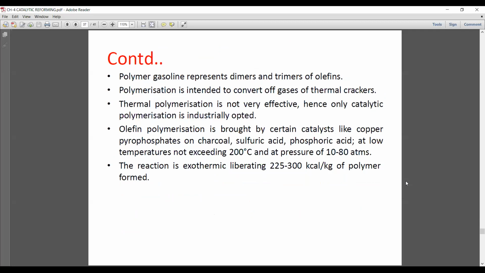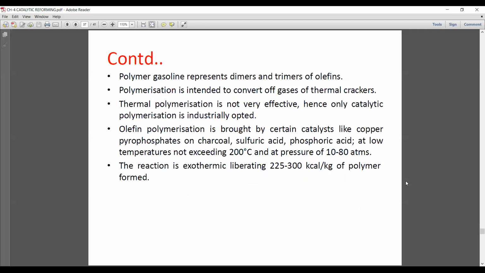Polymerization is intended to convert off gases of the thermal crackers. Then thermal polymerization is not very effective, hence only catalytic polymerization is industrially opted. Olefin polymerization is brought by certain catalysts like copper pyrophosphates on charcoal.